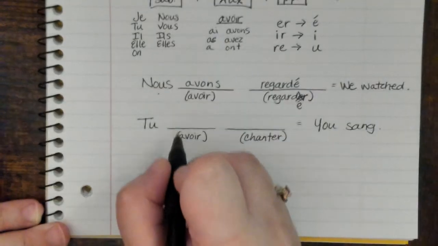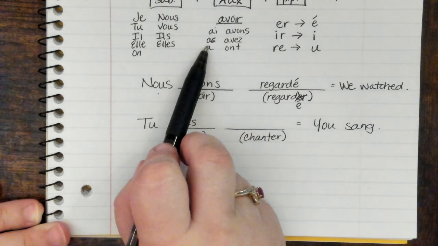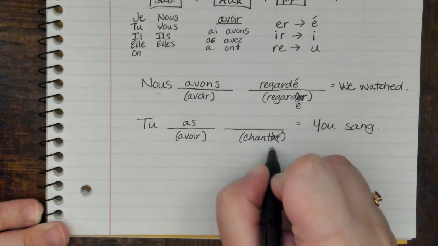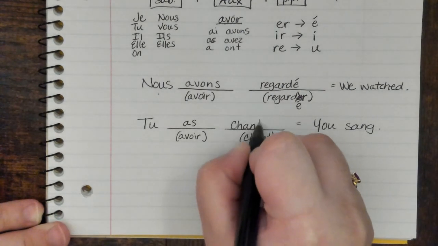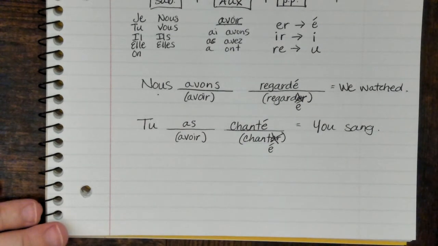So the form of avoir is as, and that comes from up here. And the form of chanter is you take off ER and replace it with E accent aigu. Tu as chanté, you sang.